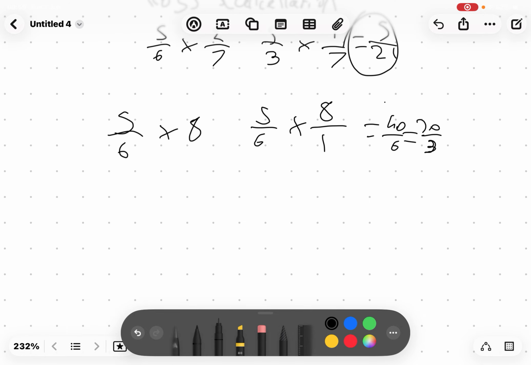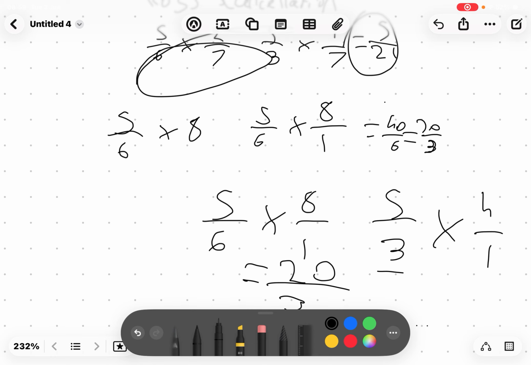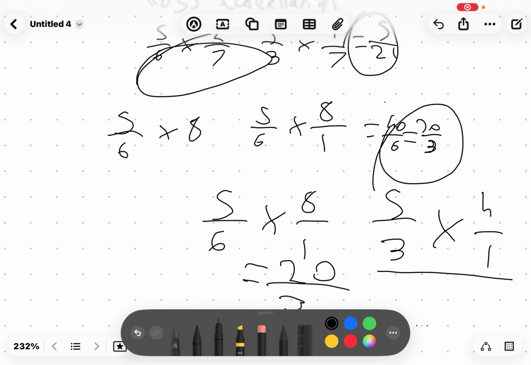In the same kind of way, you could have done this where you can see that there's 2s in these, so 5 over 3 times 4 over 1 gives 20 over 3, same as here. So yep.